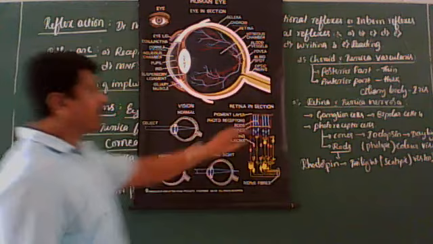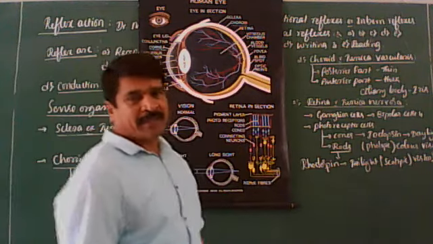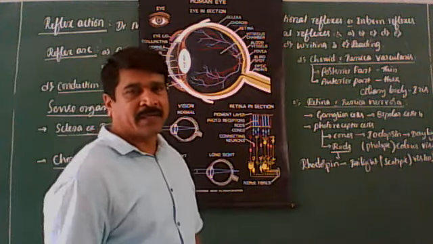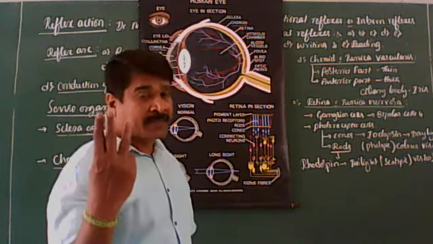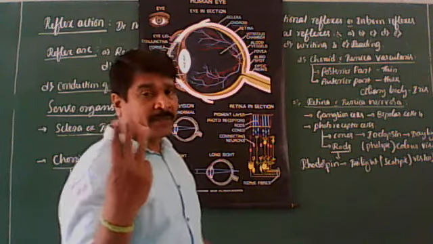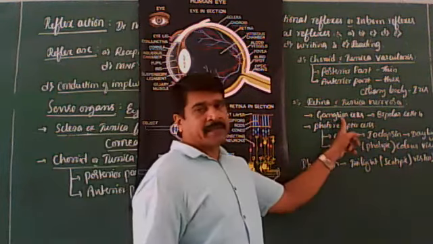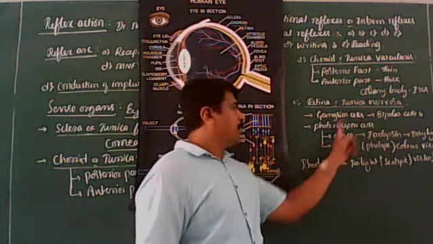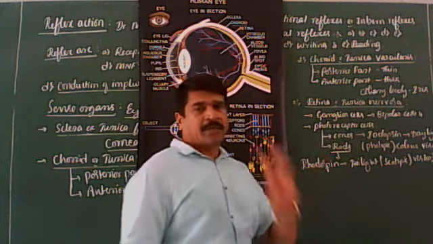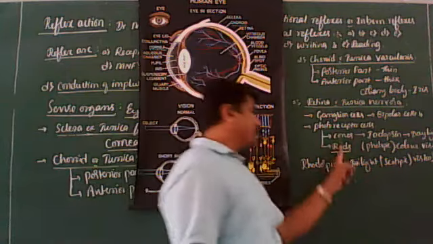Clear? Then the retina. This is the innermost layer, also called tunica nervosa, consisting of three types of cells arranged from inside to outside: ganglion cells, bipolar cells, and photoreceptor cells. Two types of photoreceptor cells are there, rods and cones.